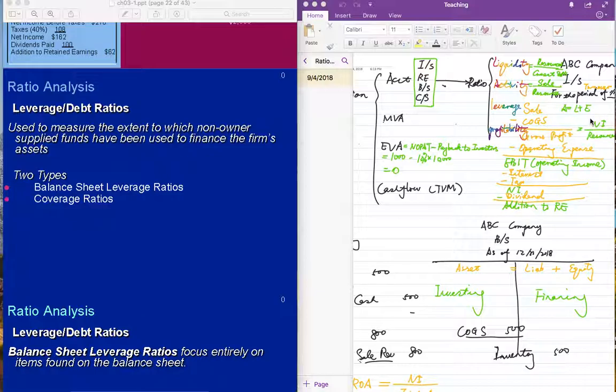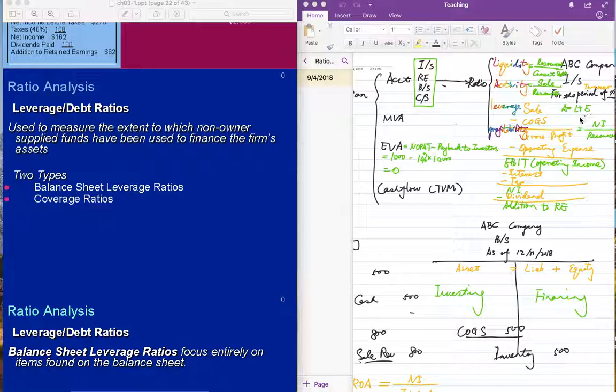Assets equals liability plus equity. Why is that always true? Because there are only two ways a firm can finance the total assets. Either by issuing debt, which is liability, or using owner's money by issuing shares, stocks.